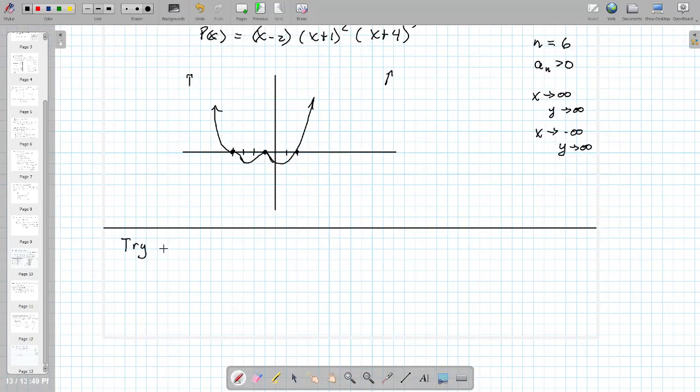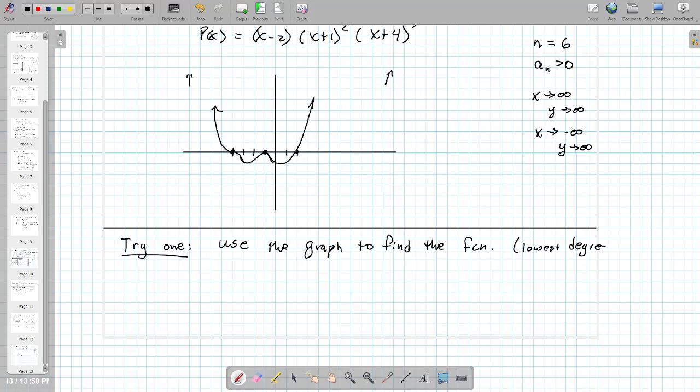Right? I want you to try to do the opposite. Use the graph to find the function with the lowest degree possible. What I mean by that is, if we saw this on a graph and we didn't know what the polynomial was, we could guess that this was a multiplicity 3, could be a multiplicity 5, or a multiplicity 7.